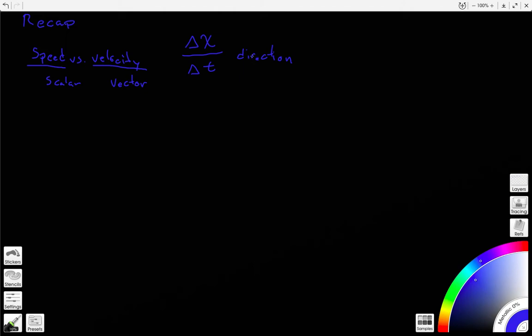Okay? When we're talking about one-dimensional movement, so 1D movement, when we are looking at one-dimensional movement, velocity, the sign, is something that is going to be super important for us. Why?